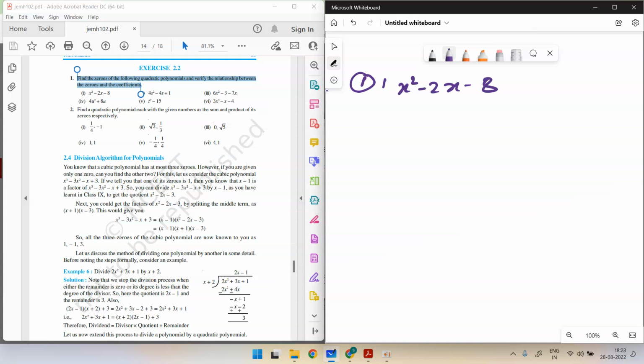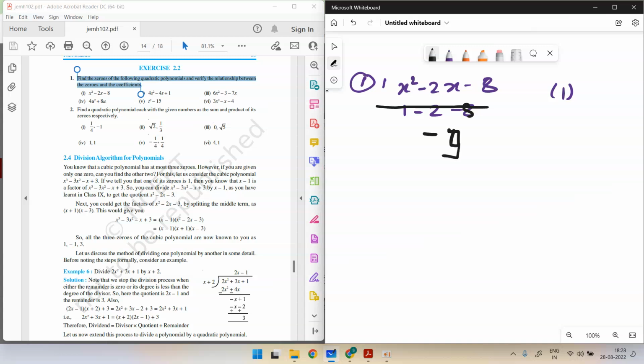First substitute x equal to 1: 1 minus 2 minus 8, which is minus 9. You need to find a factor of this.